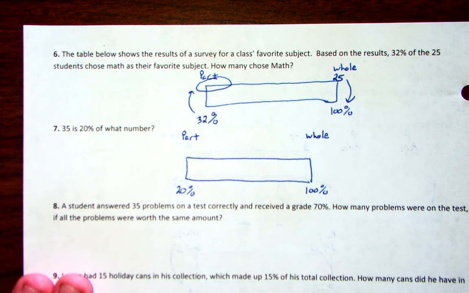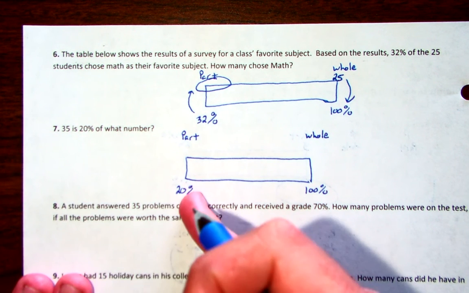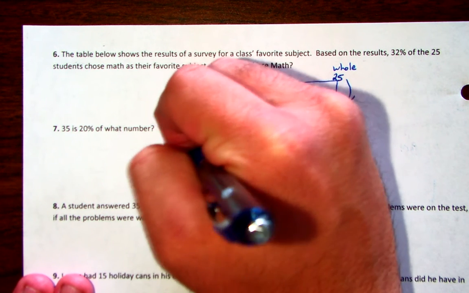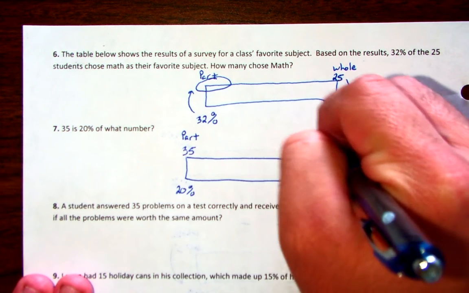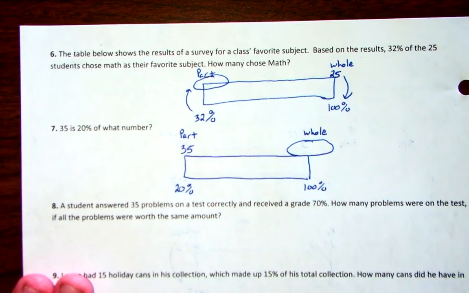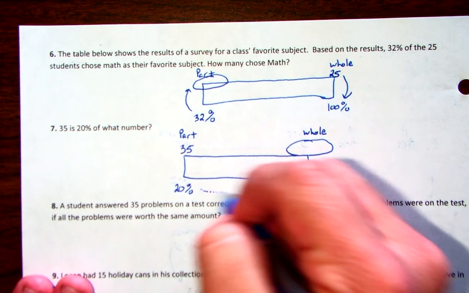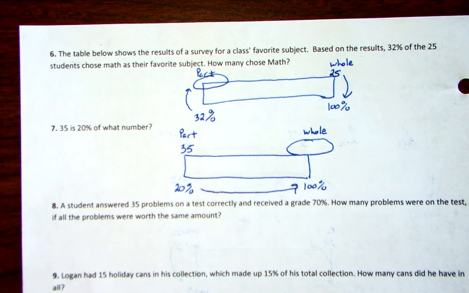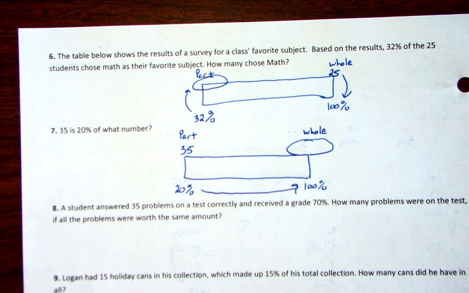Now it tells us 35 is 20% of what number? So the 35 is equivalent to the 20%. So what you're solving for is the whole. Okay, well, look at this. You got your scale factor right there. All right, guys, I did a lot of setting up. You will do the solving.